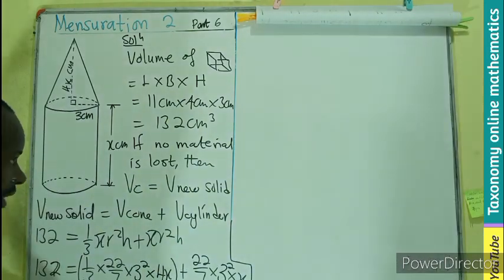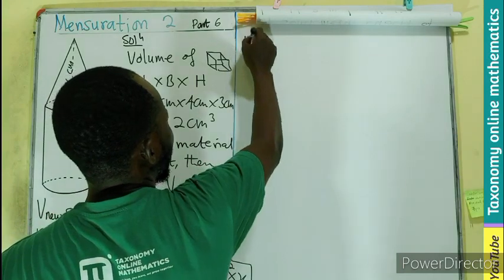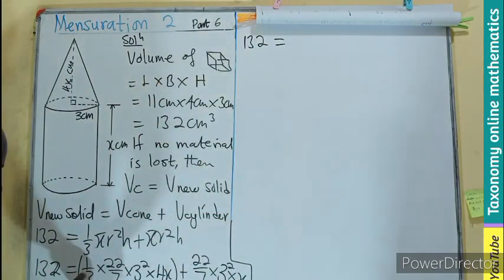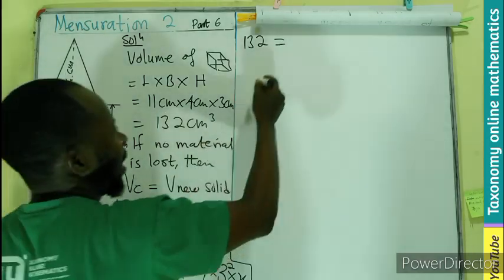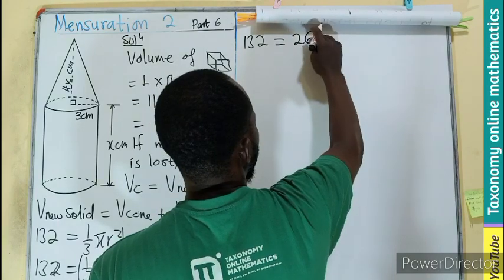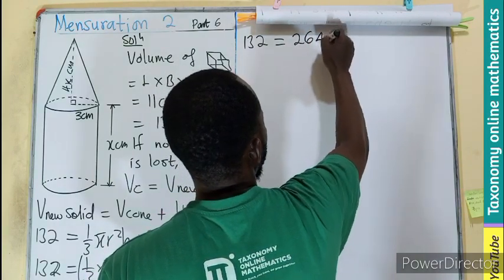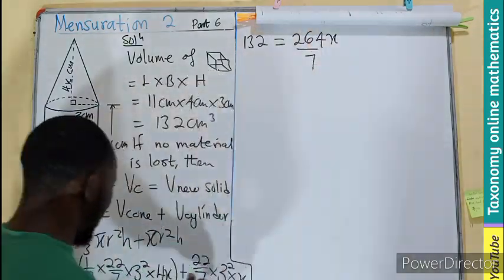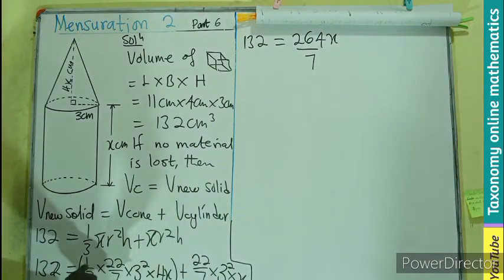So we will be having 132 equals to 1 times 22 times 9 times 4x, that will give us, on our calculator, 264x divided by 7.